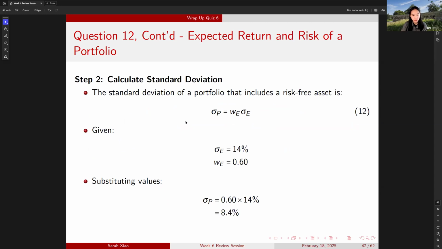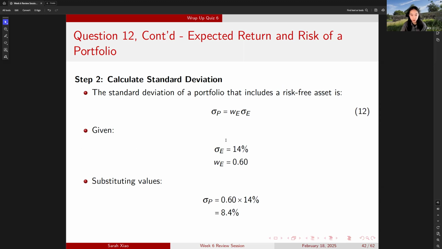So next we want to calculate the standard deviation. Note that the standard deviation of a portfolio that includes a risk-free asset is simply the weight on the equity fund times its standard deviation, because the standard deviation for the risk-free asset is 0, so we don't need to write out the other term here.